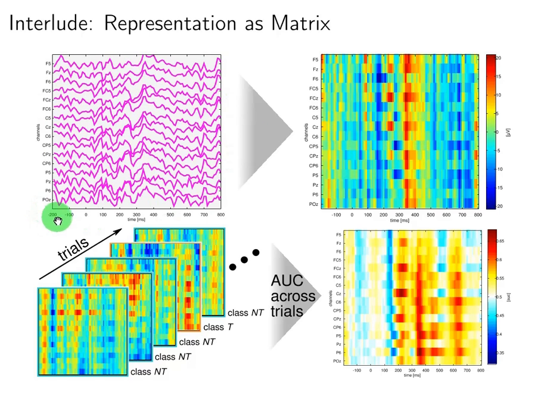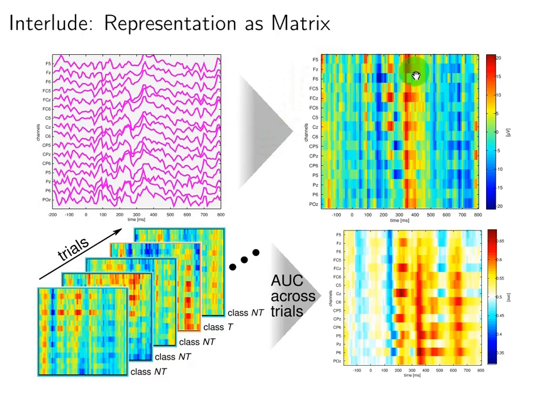We have time information marked from minus 200 milliseconds to plus 800. Minus means before stimulus onset: if 0 is where the stimulus is shown, post-stimulus is represented by positive time indicators, while pre-stimulus is negative. We also see channel information, 15 channels here.